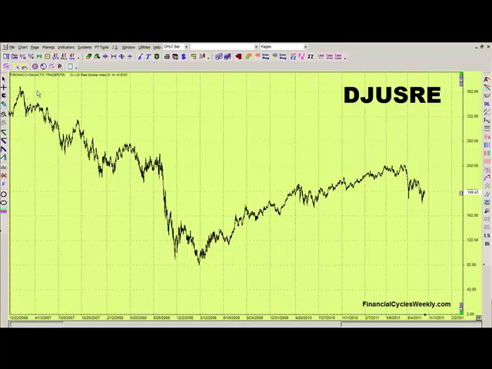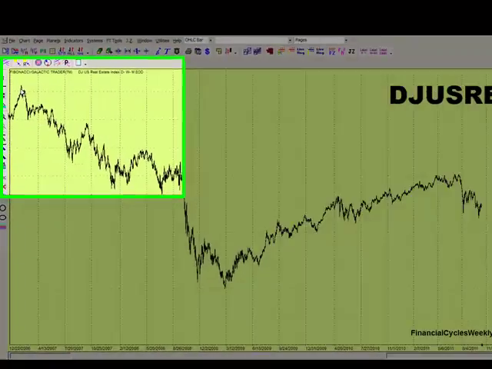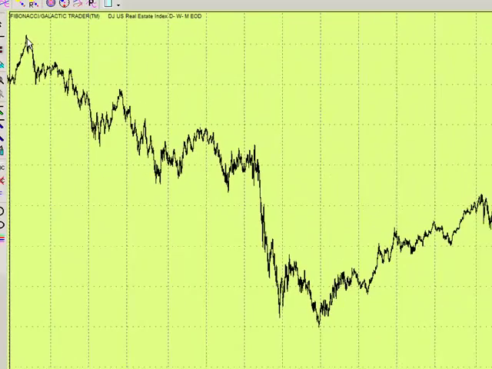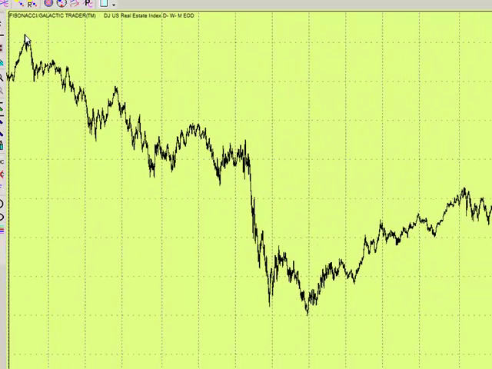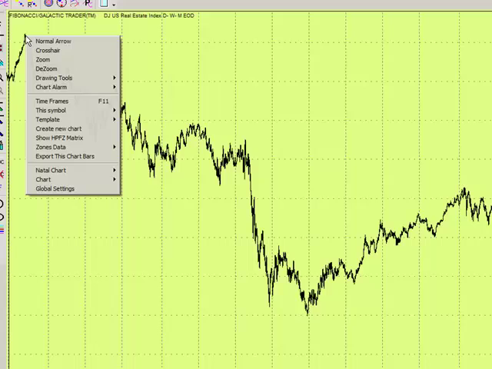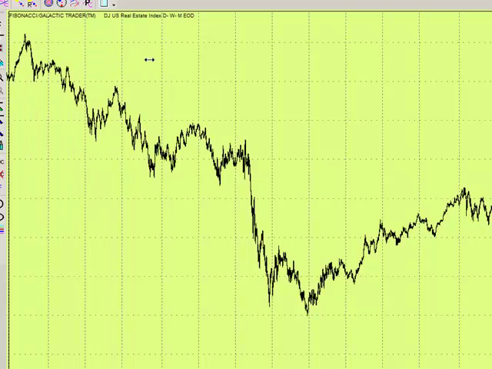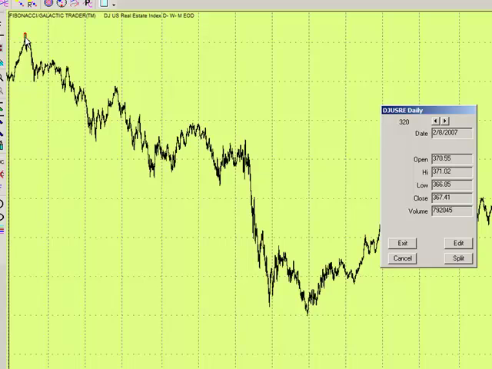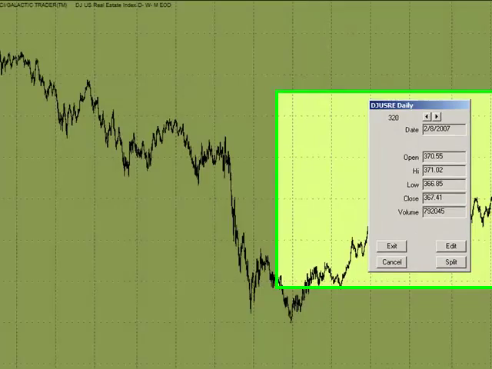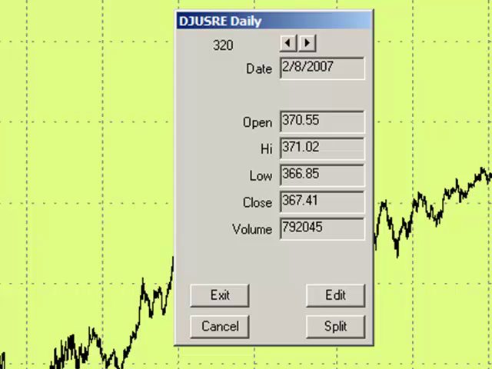We're interested in checking out a couple of indicators here. We're going to take this high over here and first of all see if we can hit the price bar and get an idea what the date is that we're working with. This is actually February 8th, 2007. We had a high then.